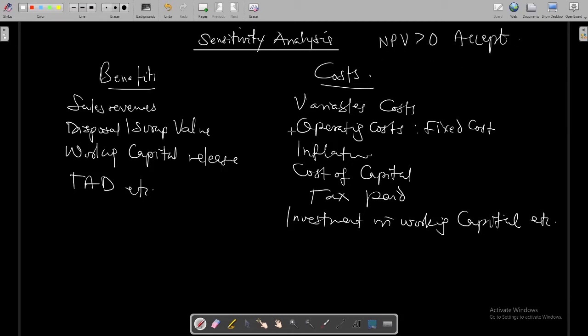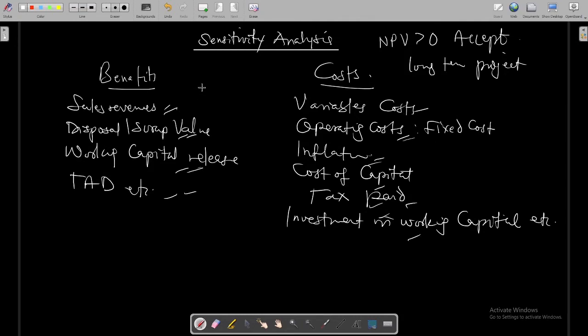But what if these variables, as stated here, change over a period of time? Because you realize that for any investment or capital budgeting project, it spans a long period, so it's a long-term project. And any of these variables used as basis for evaluating the project can change over the long term.